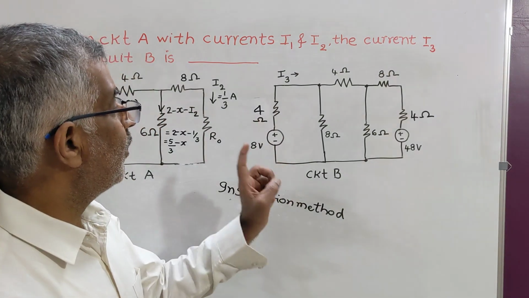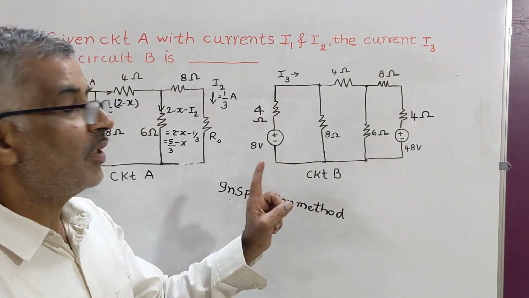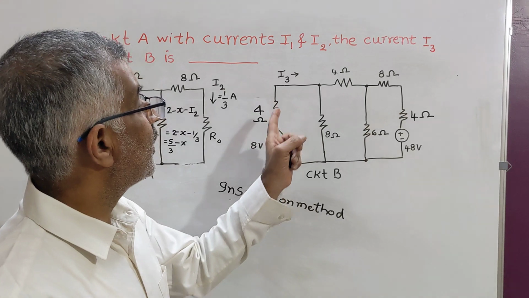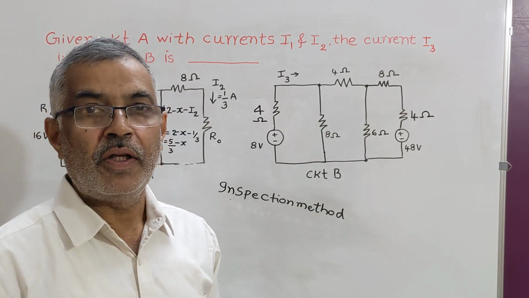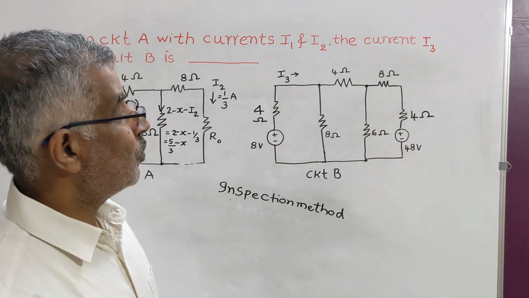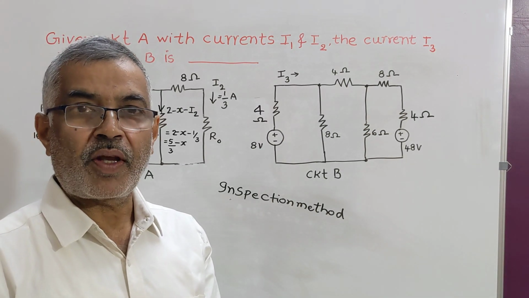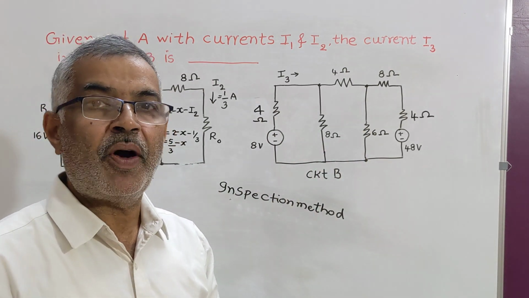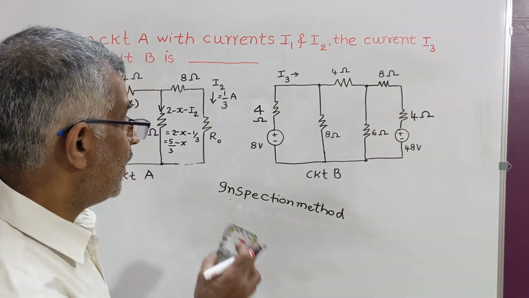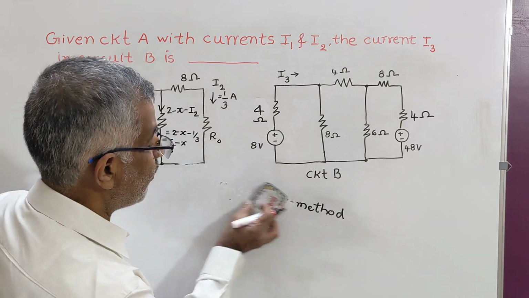If you don't apply this method, it will be very tedious to write KVL equations. Therefore, you are supposed to know this technique. Now I will explain how to write the equations by inspection method.